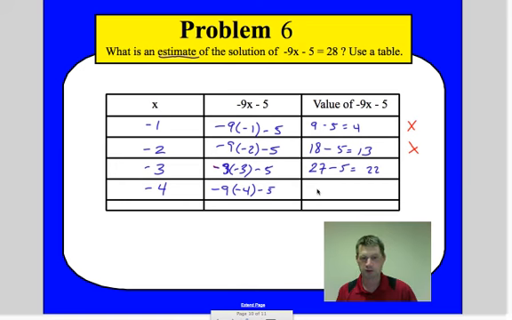Negative 9, plug in the negative 4 now, minus 5, and that's going to give us 36 minus 5, which is going to equal 31.